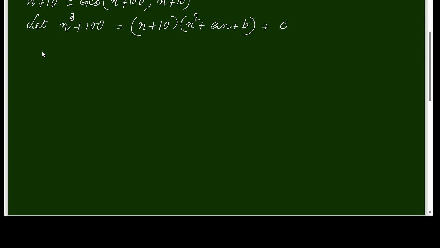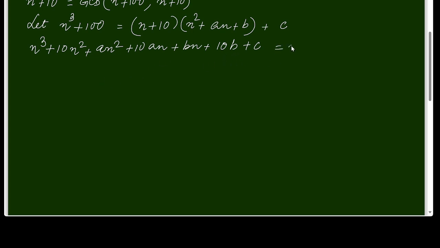Now if we multiply, then it will be n cube plus 10n square plus an square plus 10an plus bn plus 10b plus c.